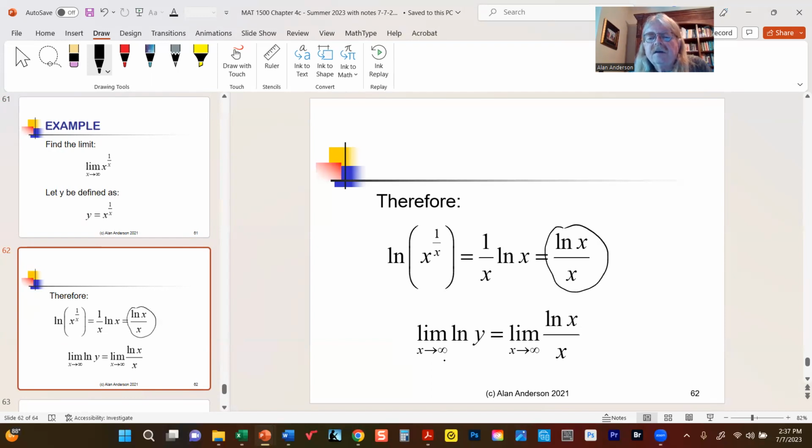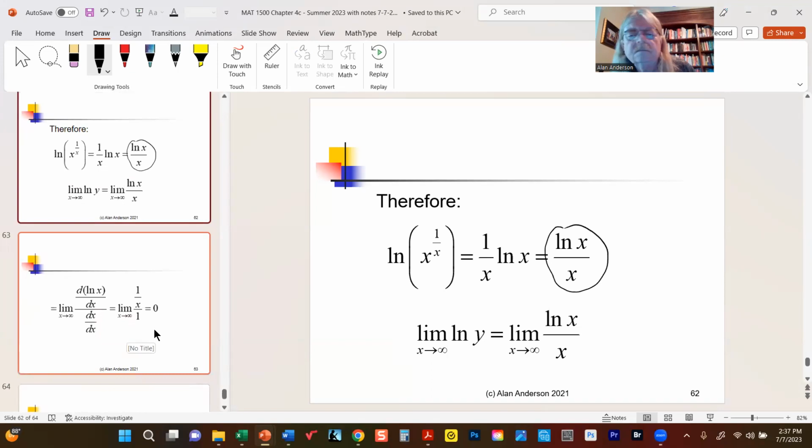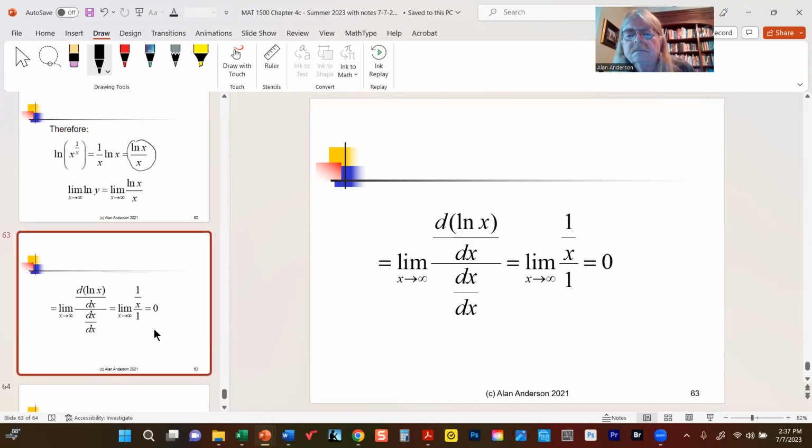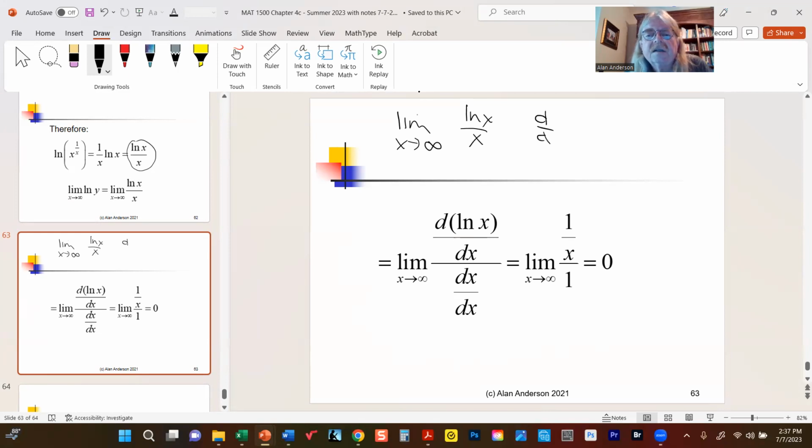Is the same as the limit of this as x goes to infinity. So of course, what we can do here, we take the derivative. Oh, this is so easy.